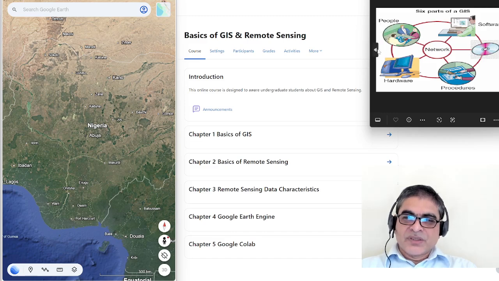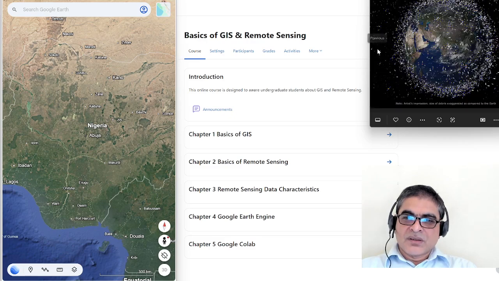How important this is, because as you can see, this image is showing the satellites revolving around the earth. All these are the eyes or detectors which are detecting the phenomena taking place at the surface of the earth.